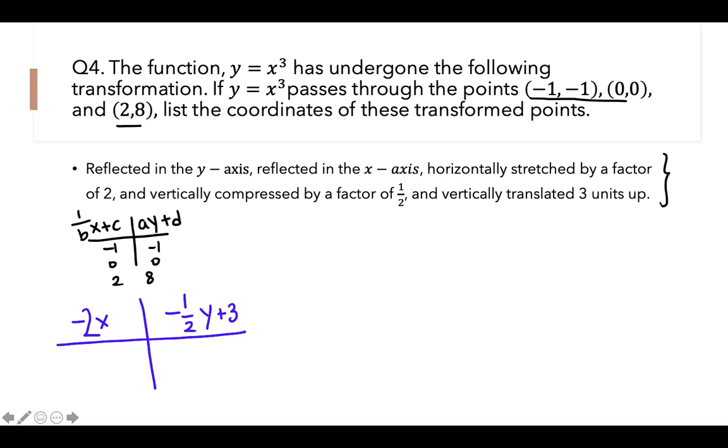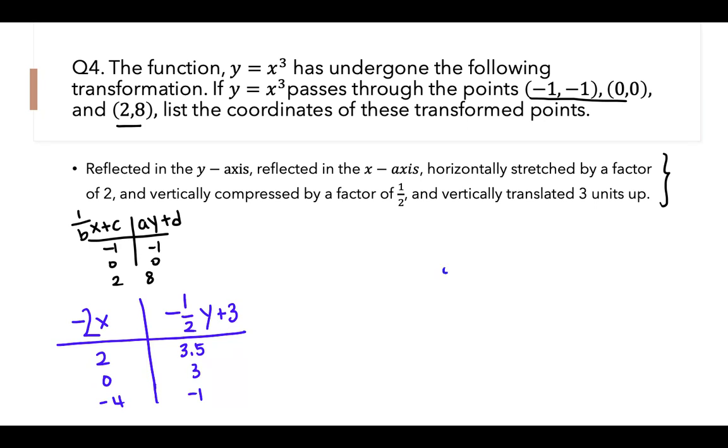So when I do the calculation, -2 times -1 will give me 2. Then the y value, when you evaluate it, will give you 3.5. 0 times -2 is 0, y becomes 3, and -4, and plugging in 8, it will give me -1.